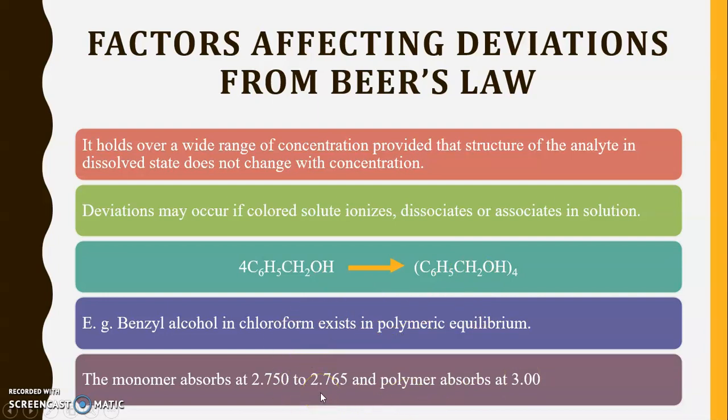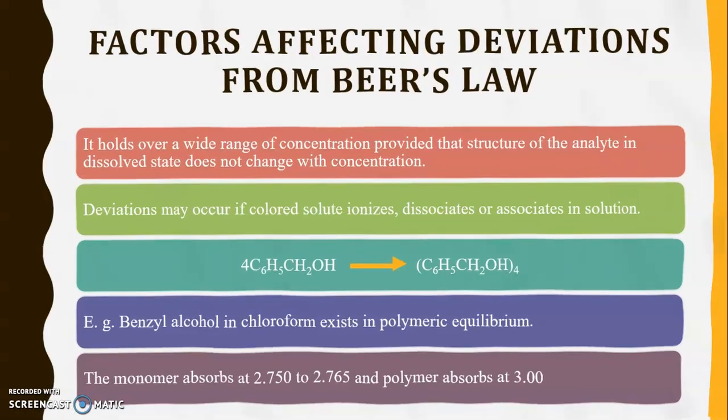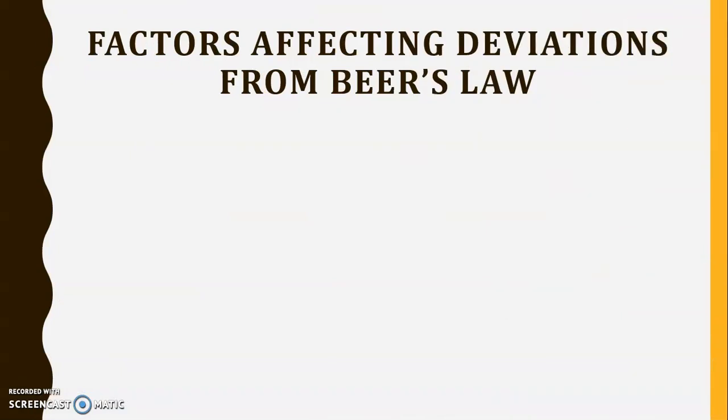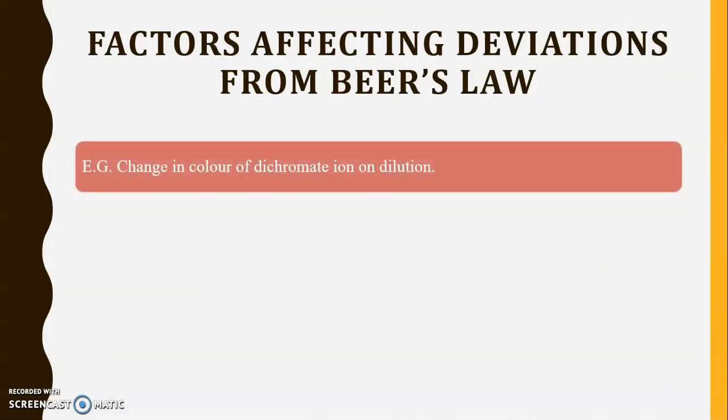That leads to a deviation in Beer's law, where we will not get a linear relationship between absorbance and concentration. So this is the second deviation, which may occur due to polymerization. Similarly, due to ionization, dissociation, or other chemical reactions, deviations may occur in Beer's and Lambert's law.